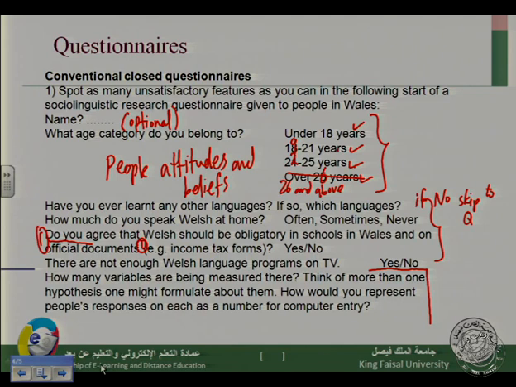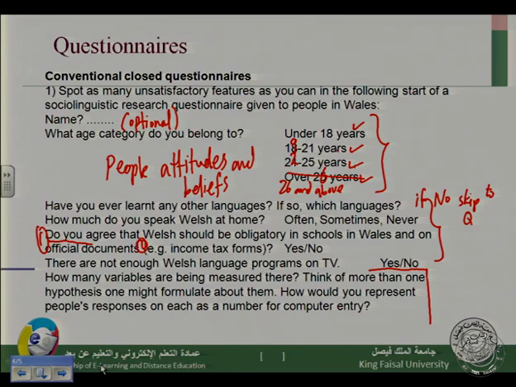What I mean by the effect of age on attitude is that maybe we have different groups of people, youngest versus oldest people, in regard to their views of using the Welsh language. Maybe the older people would like to use Welsh more than English, or vice versa.